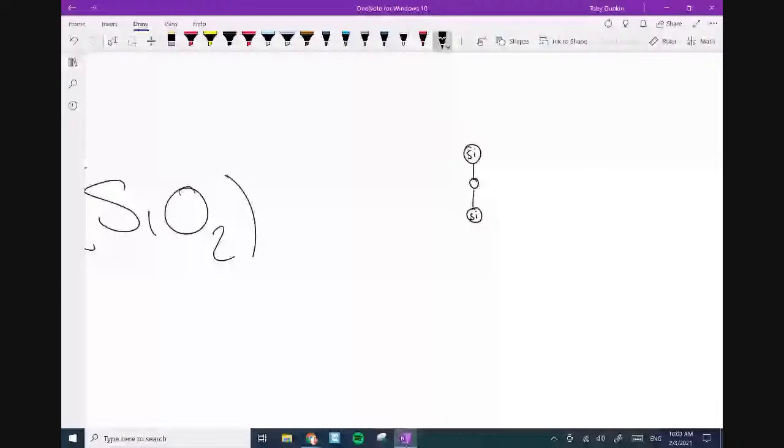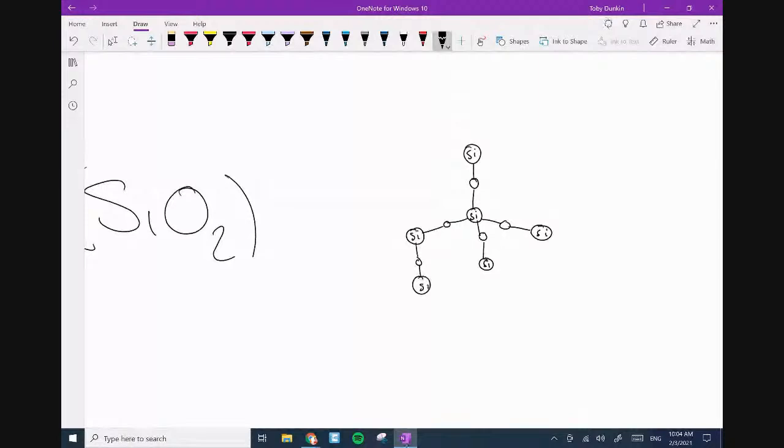It has a very similar structure. They all do this really cool pyramid-like structure. So sand does it too.